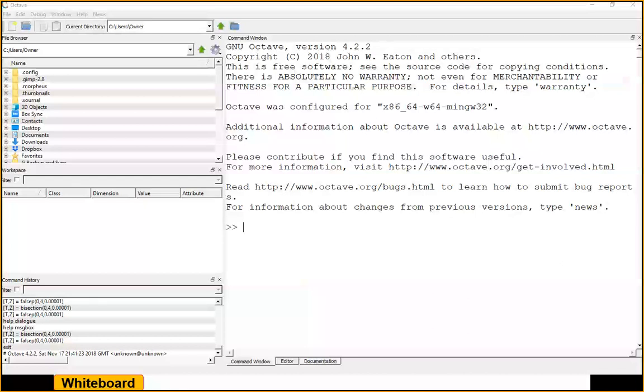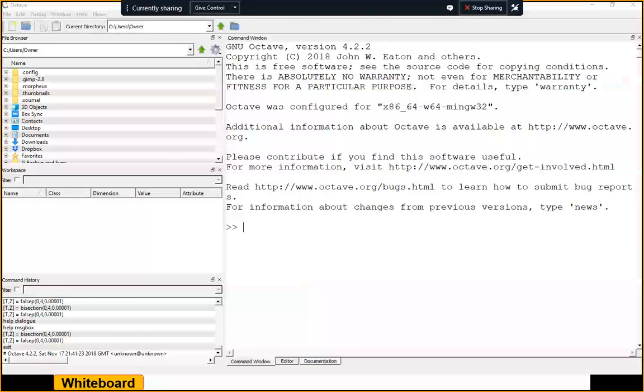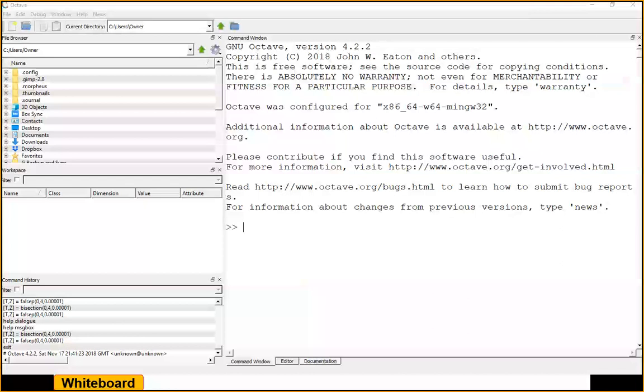Let me read it just so I am not saying something wrong. It says deliverables.